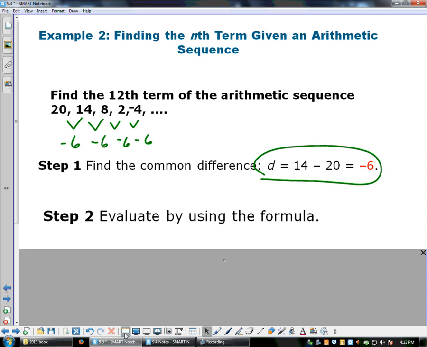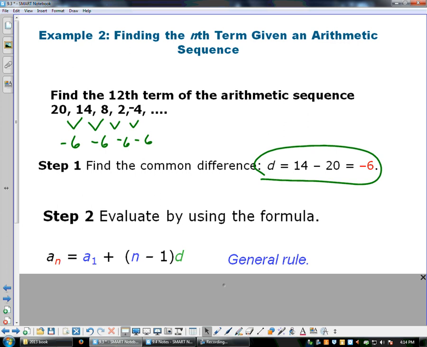And step 2 is you're going to evaluate. We're trying to find the 12th term. We're going to use our formula. Our formula, remember, is a sub n equals a sub 1 plus n minus 1 times d. We are trying to find the 12th term, so we're really trying to find a sub 12, and that's going to be equal to a sub 1, which we know is our first term, so that's 20, plus n minus 1.